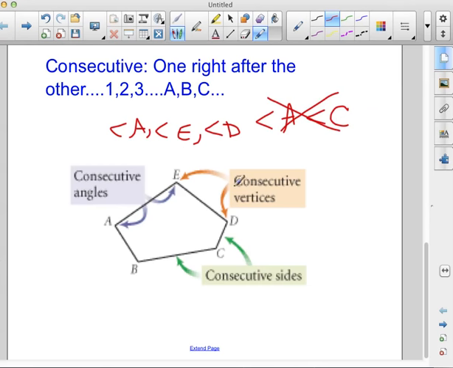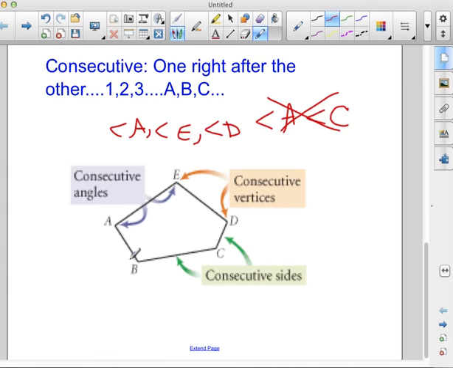Next, we have consecutive vertices. Well, vertices are points that come one right after the other. So E, D, and C are all consecutive. I can even go all the way around the block. Well, I should probably go in alphabetical order. That's probably a little bit better because you're going to see that from most of your polygons. They usually go in alphabetical order.